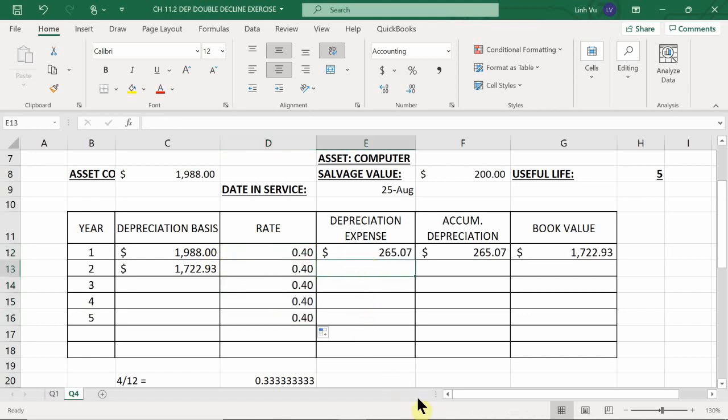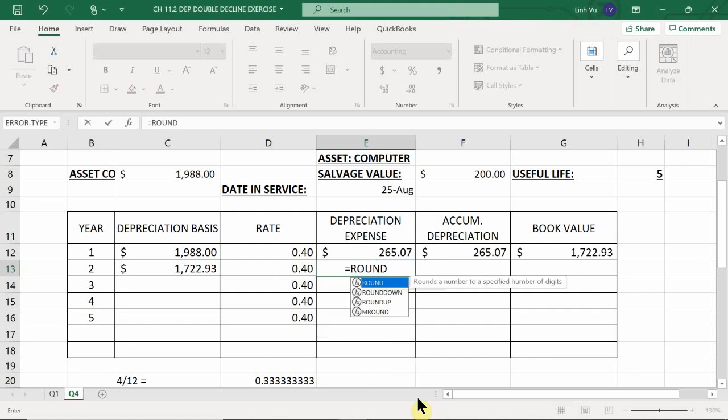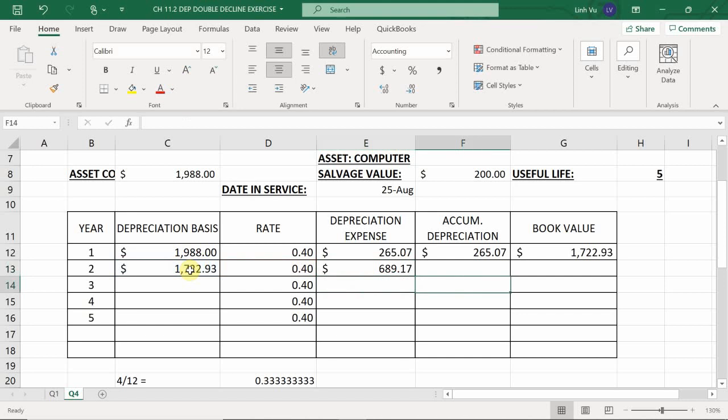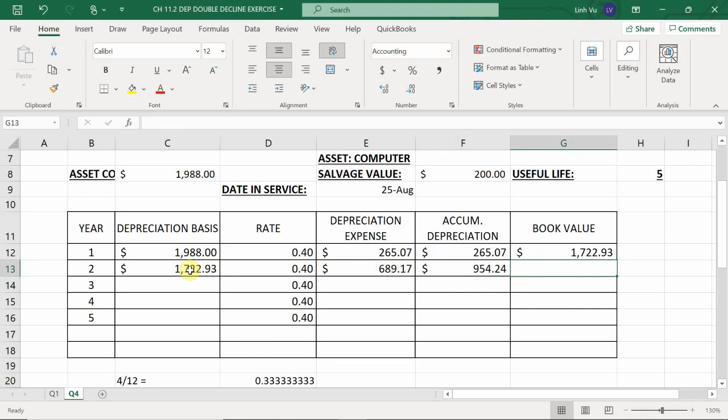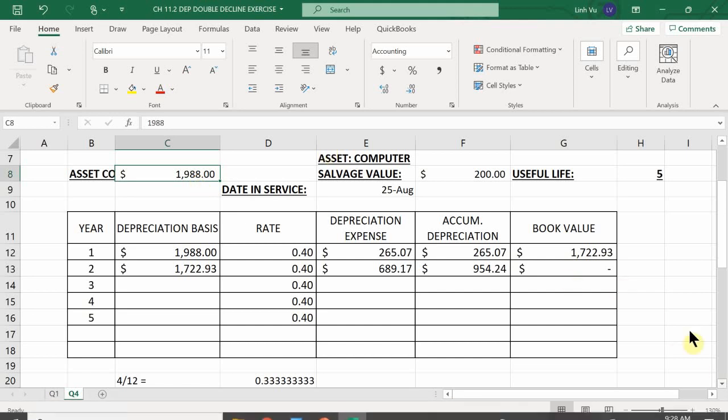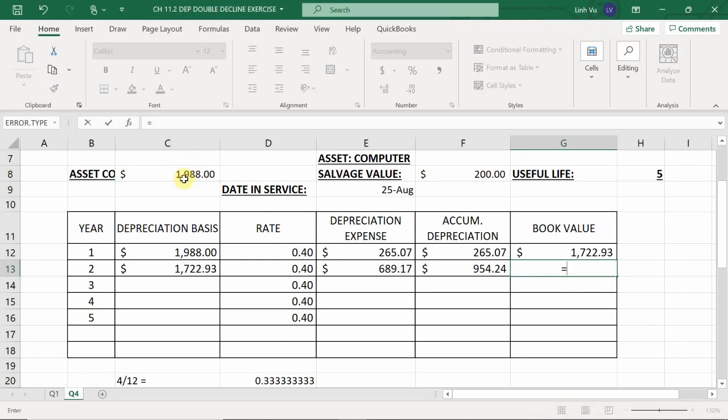So what is 40% of 1722.93? 689.17. Okay, so then what's my accumulated depreciation? 954.24, bringing my book value to 1033.76.